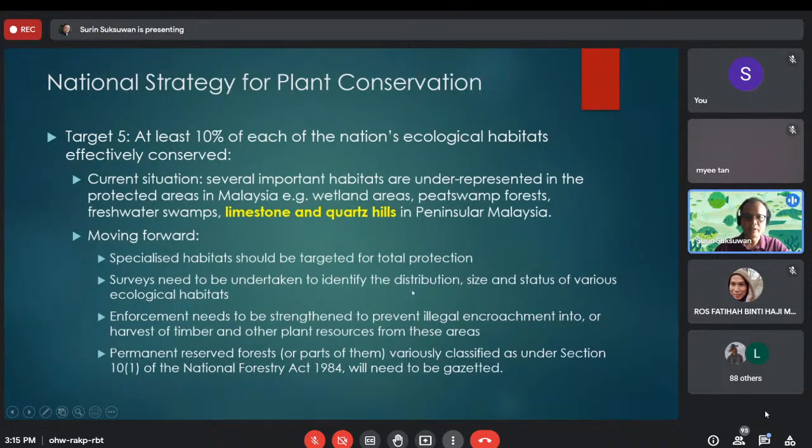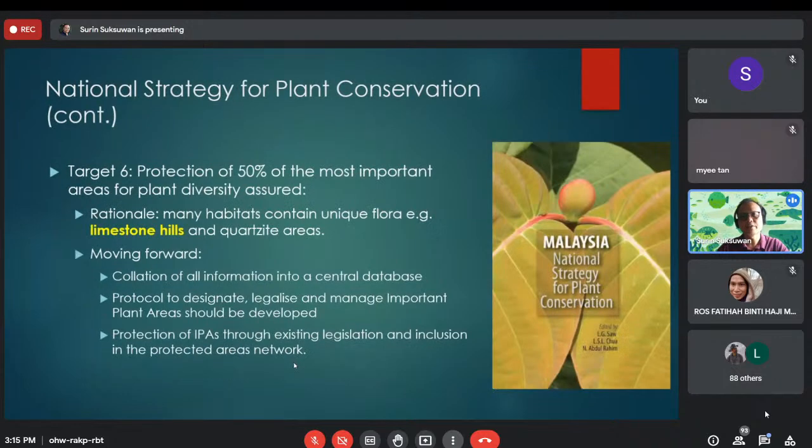And then it provides some recommendations about how these areas should be protected in future, how they should be studied. You need to have surveys done, enforcement needs to be strengthened, and then those that remain unprotected should at least be gazetted as permanent reserve forests under the National Forest Act. So these are some of the recommendations.